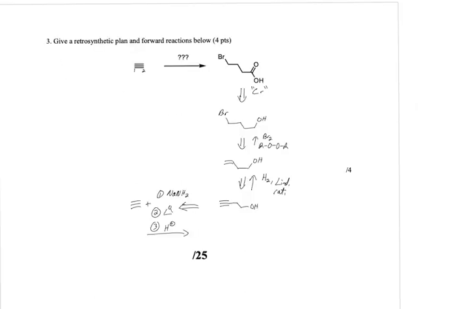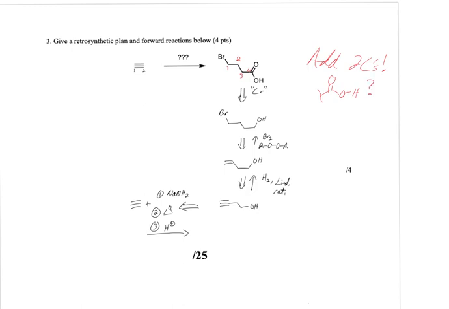All right, number 3, a retrosynthetic problem. So again, let's always start by trying to number some of these carbons. 1 and 2, 1, 2, 3, 4. So we need to add 2 carbons. What else do I see? I see a carboxylic acid.